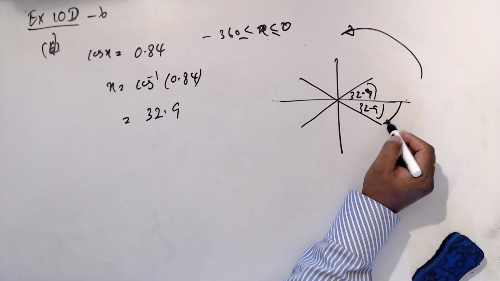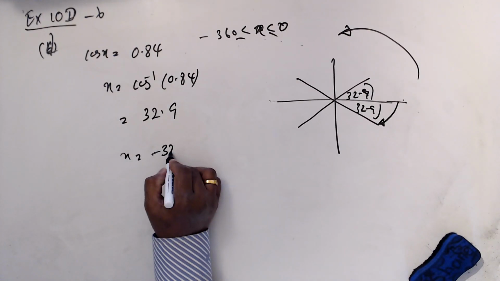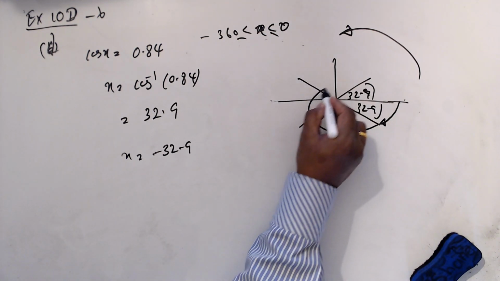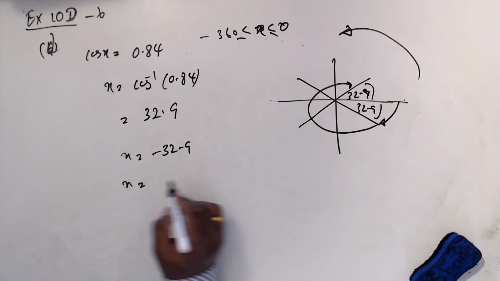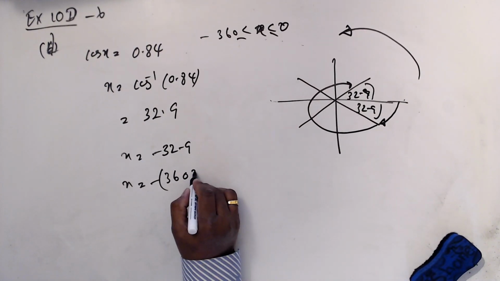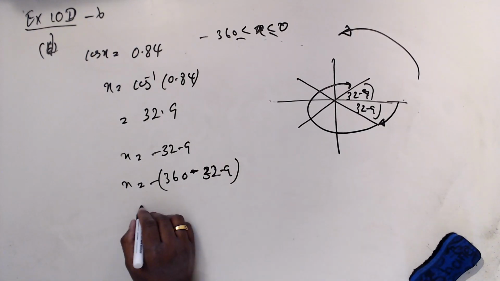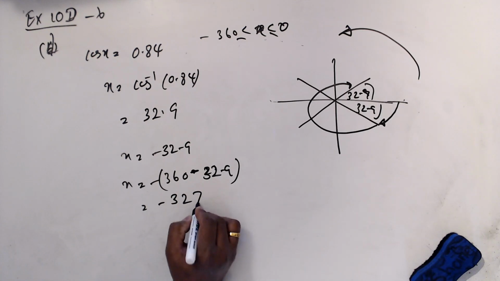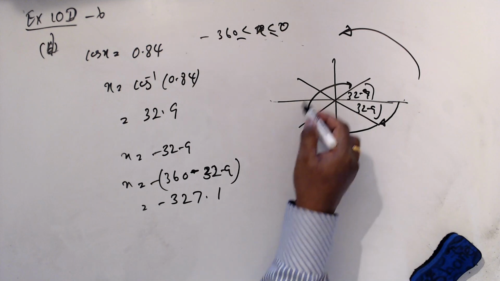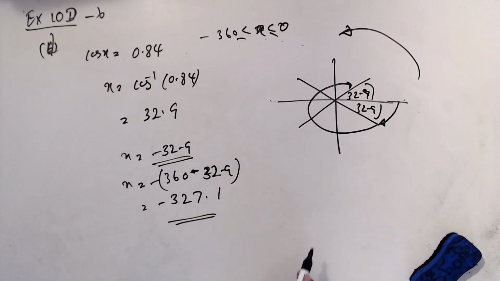The first one is minus 32.9 and the second one is negative 360 plus 32.9, which is minus 327.1. So there's no point of going more than a circle. So only two answers, x equal this one and x equal this one.